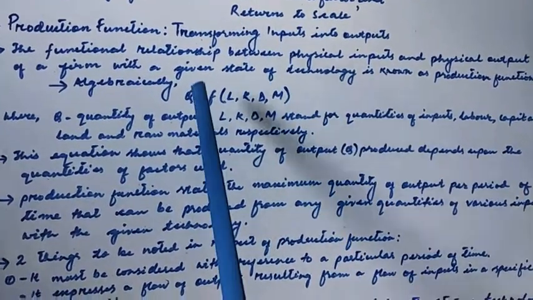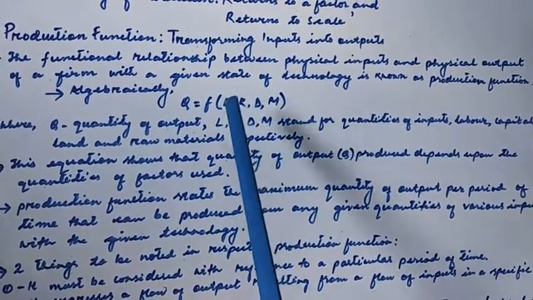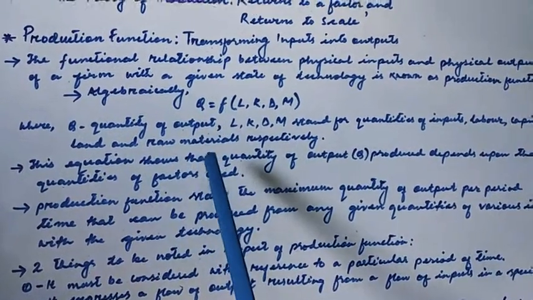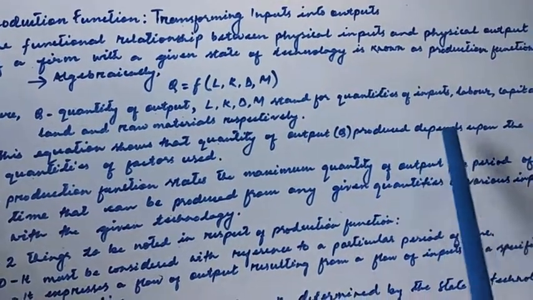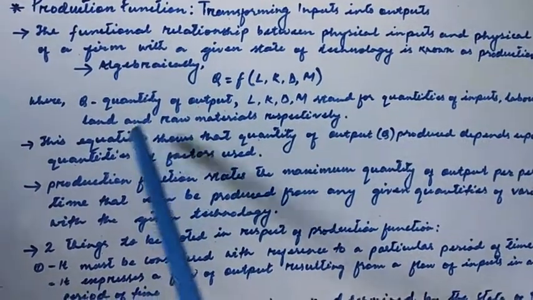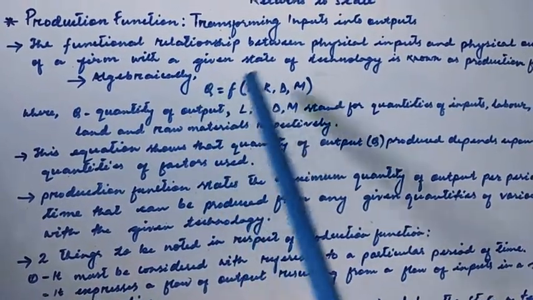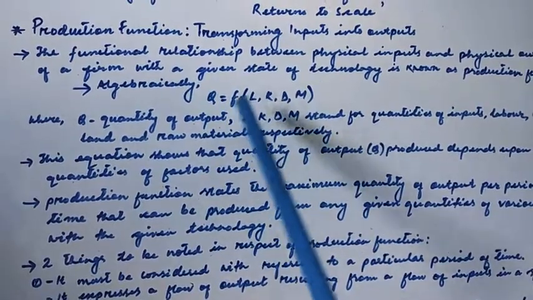So Q, or output, is the function of all these inputs, that is factors of production. So this equation shows that the quantity of output, that is Q, produced depends totally upon the quantities of factors used. So this Q is dependent upon all these factors. That is the meaning of this equation.